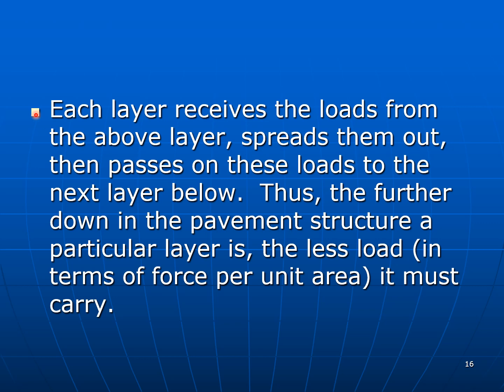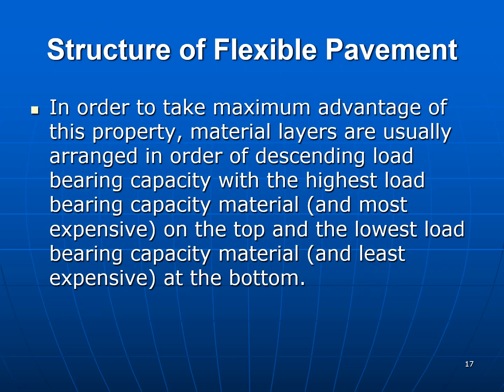Thus, the further down in the pavement structure a particular layer is, the less load in terms of force per unit area it must carry. In order to take maximum advantage of this property, material layers are usually arranged in order of descending load-bearing capacity, with the highest load-bearing capacity material and most expensive on the top, and the lowest load-bearing material and least expensive at the bottom.